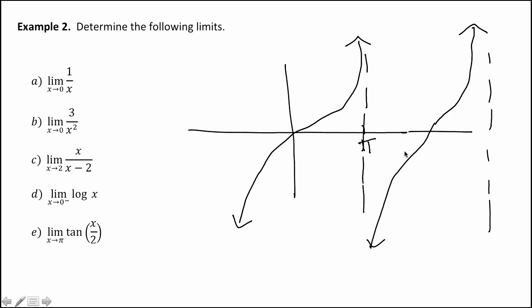Okay, so if you approach from the left side, you're going to get negative infinity. And if you approach from the right side, you're going to get positive infinity. So you can also determine this quite easily if you know the graph.